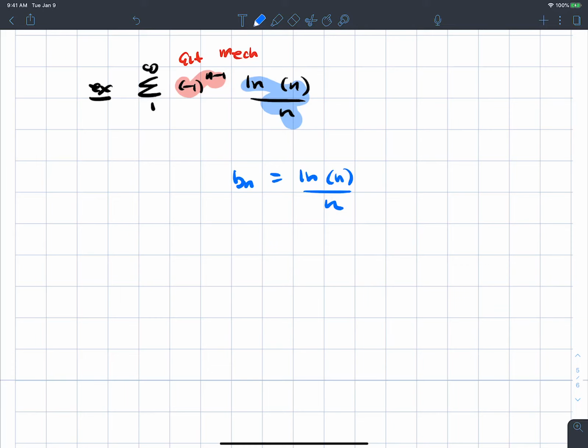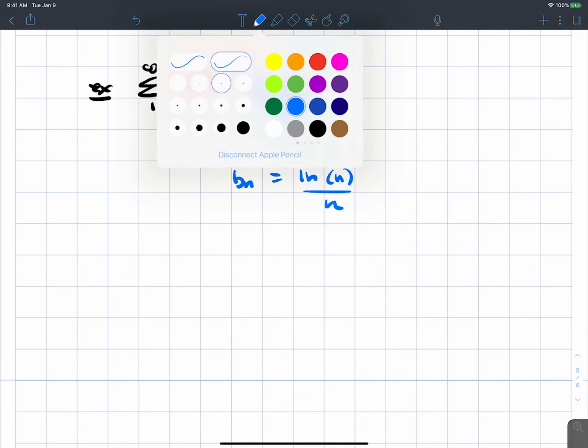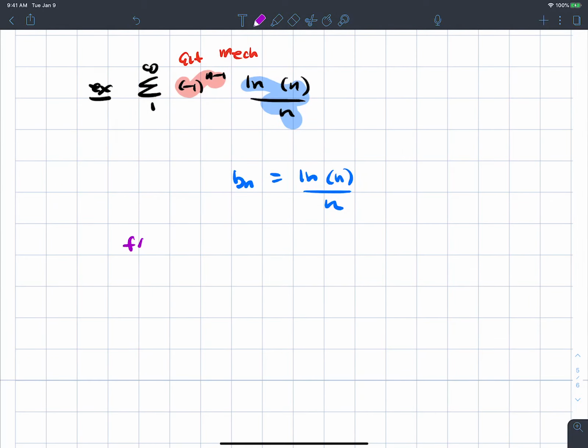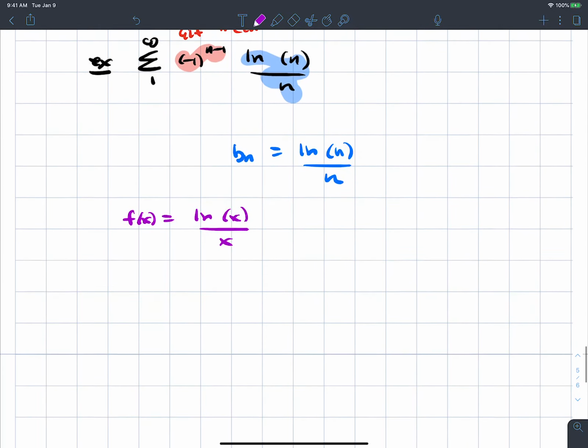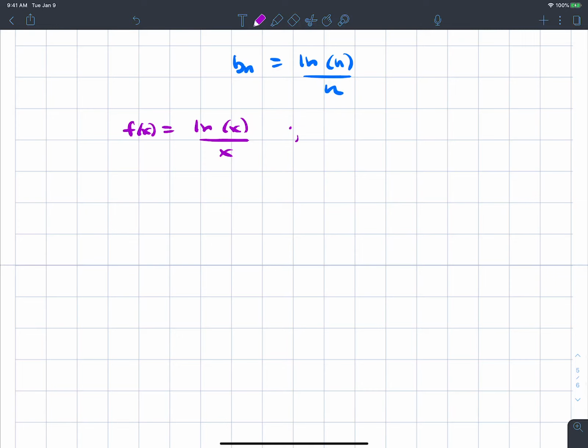So is this increasing or decreasing? I'm going to consider the function natural log x over x. And we're going to find where that derivative is less than 0, because that means we have a decreasing function, for what x.